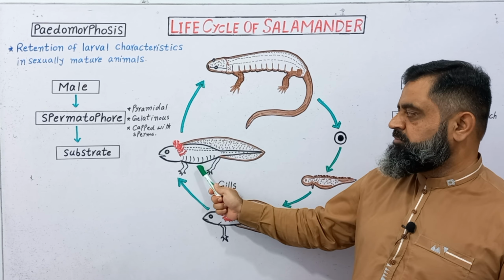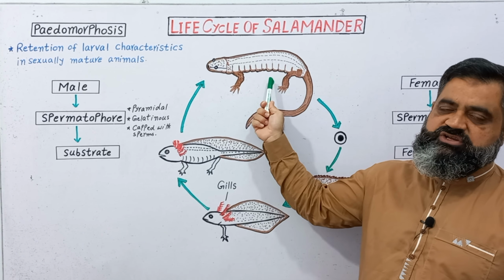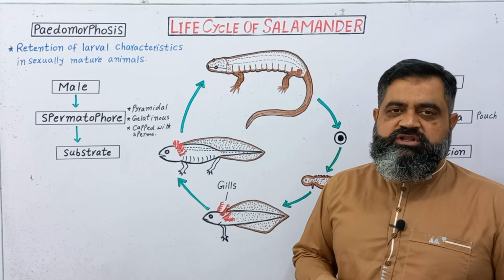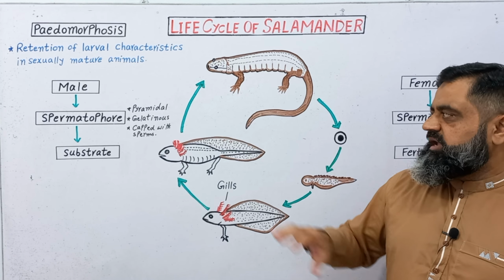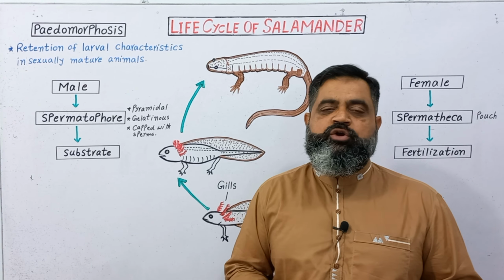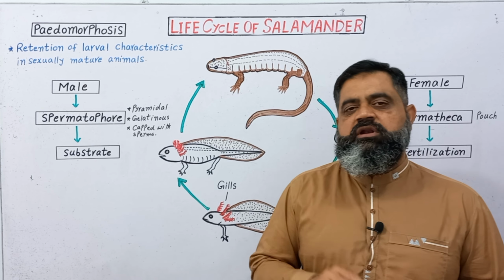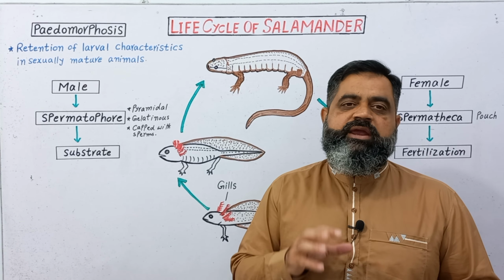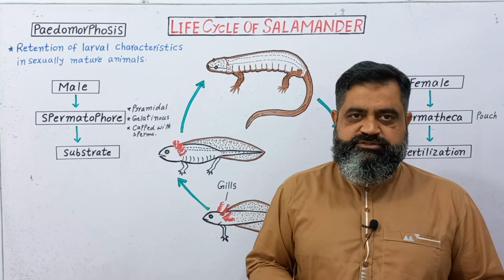So after metamorphosis, this larva changes into adult form which is terrestrial, and now this adult animal starts to live on the land. But some larval forms can stay in the larval form, and this phenomenon is known as neoteny or pedomorphosis. During this condition, larvae usually retain larval characteristics and become a sexually reproducing organism.